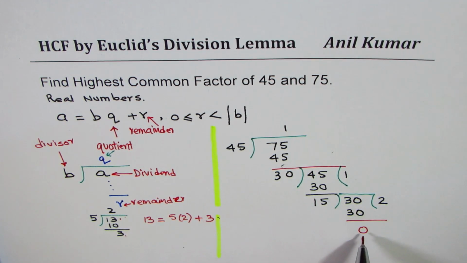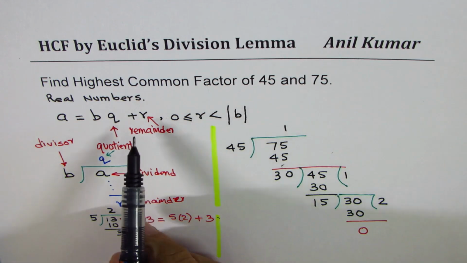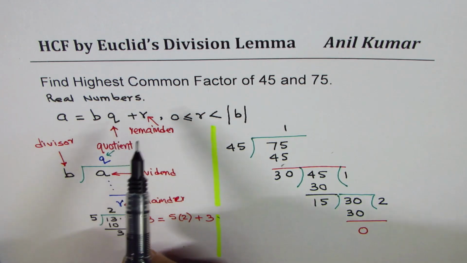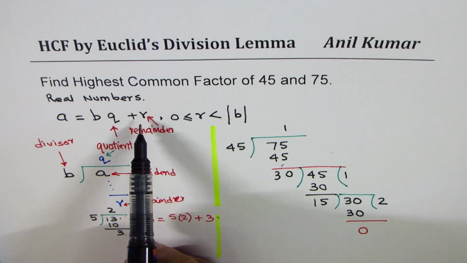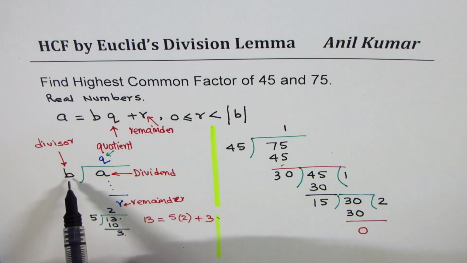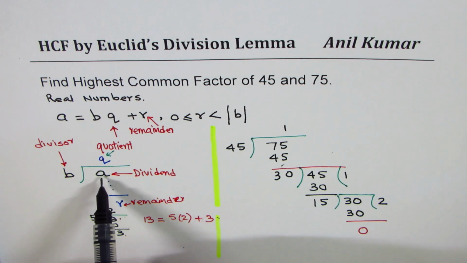When you get remainder as 0, it means that 15 is a factor of both these numbers. Rather, it's the highest common factor of 45 and 75, correct? So from Euclid's division lemma, if R is 0, then B is a factor of A, correct?